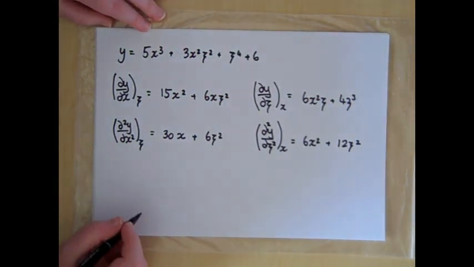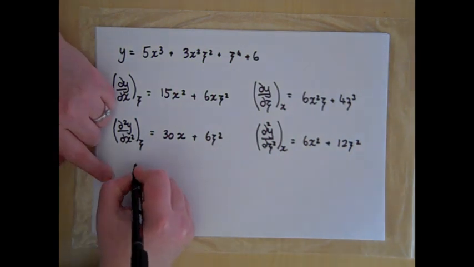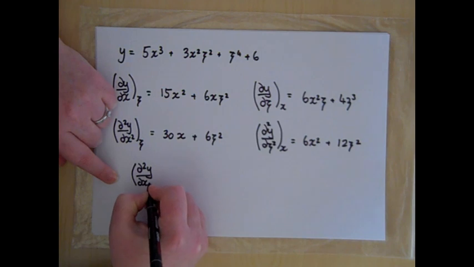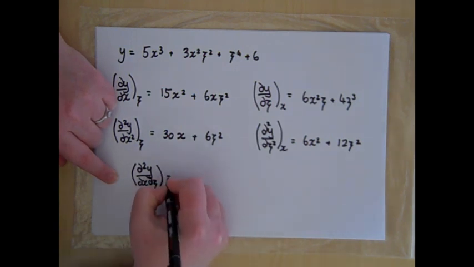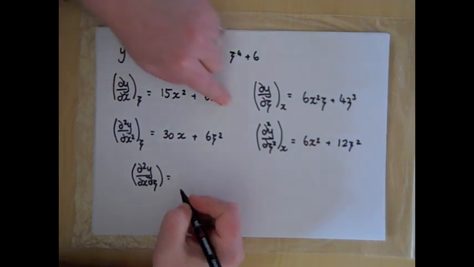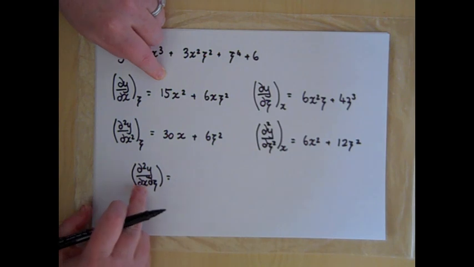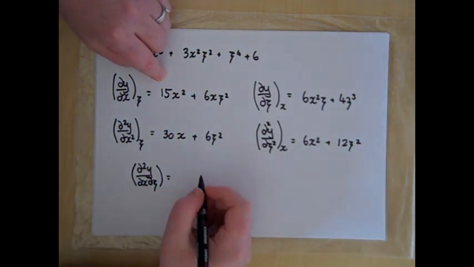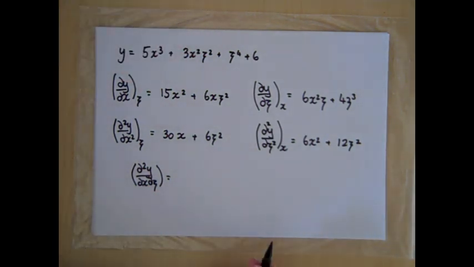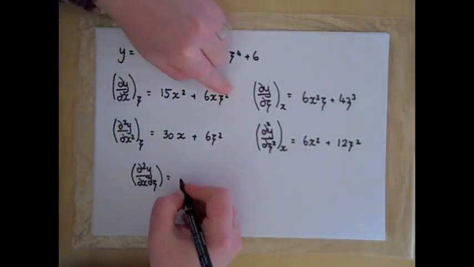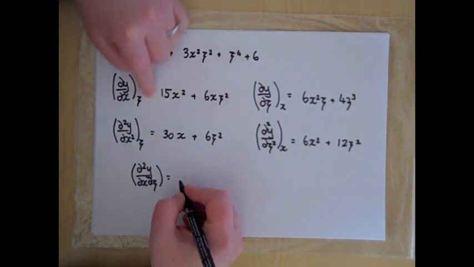Now, as I said before, the other example I can do is d2y by dx dz. So this is me differentiating this function here with respect to z. We should read from left to right, the order that we're doing them. So I'm going to differentiate this function here with respect to z.